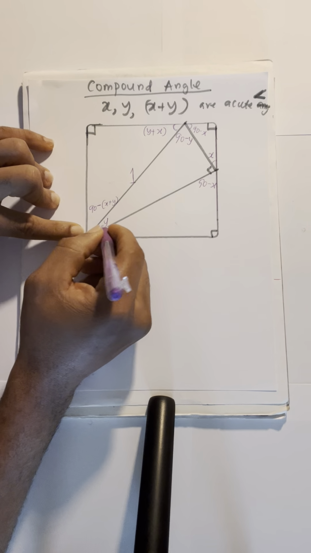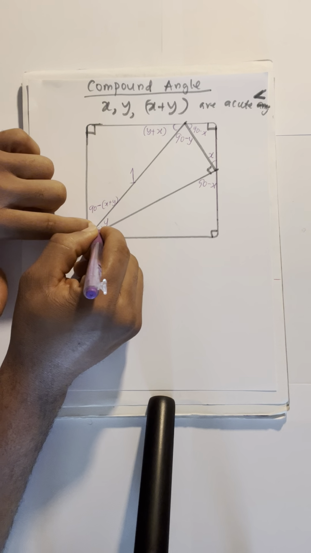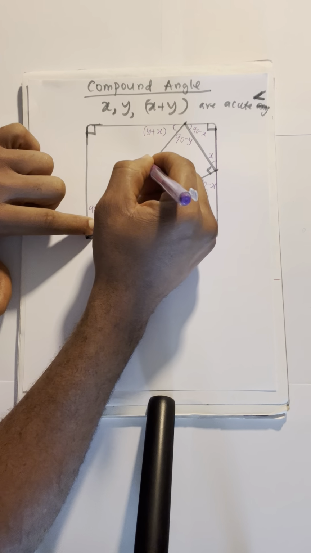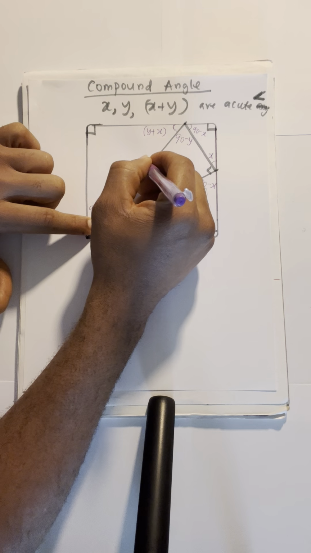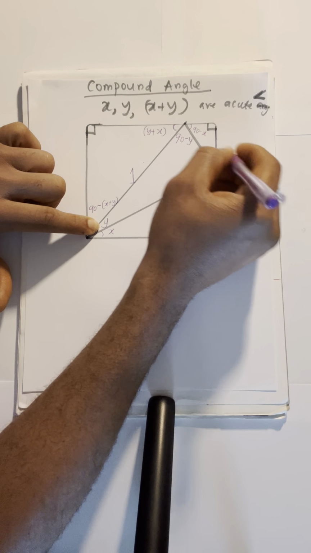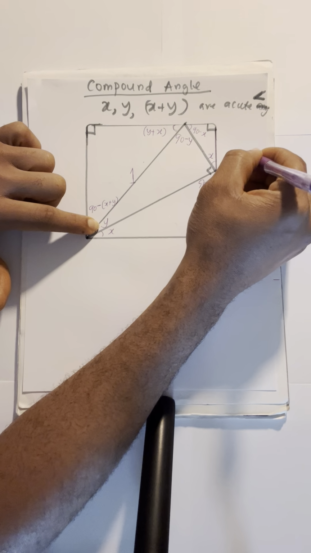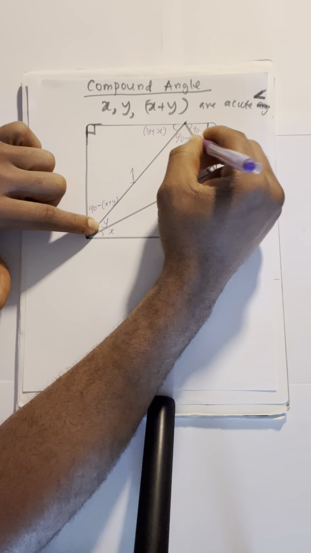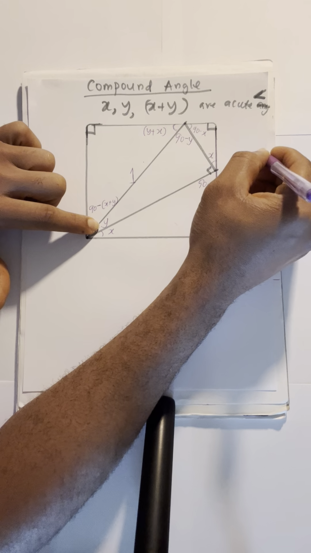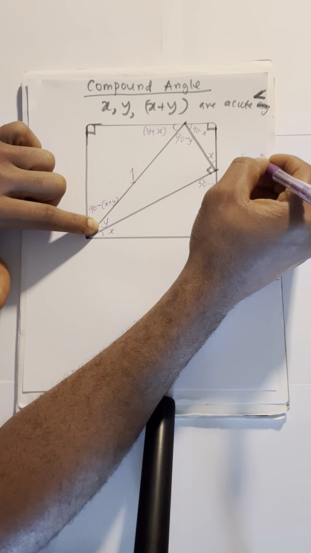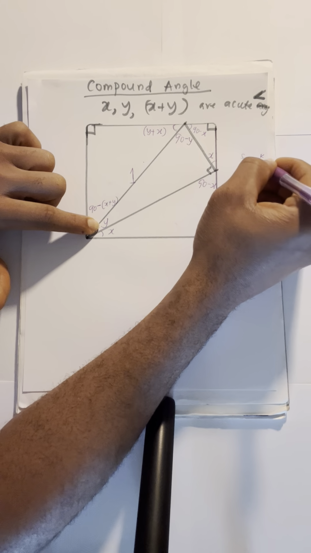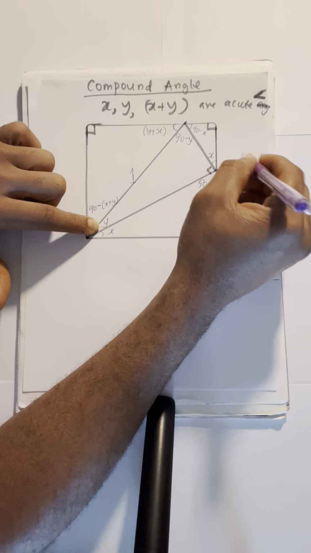With respect to this angle, opposite over hypotenuse, that's sine. Sine y is equal to opposite, which we don't know yet. Let's call it k, over 1. Therefore, k is equal to sine y.